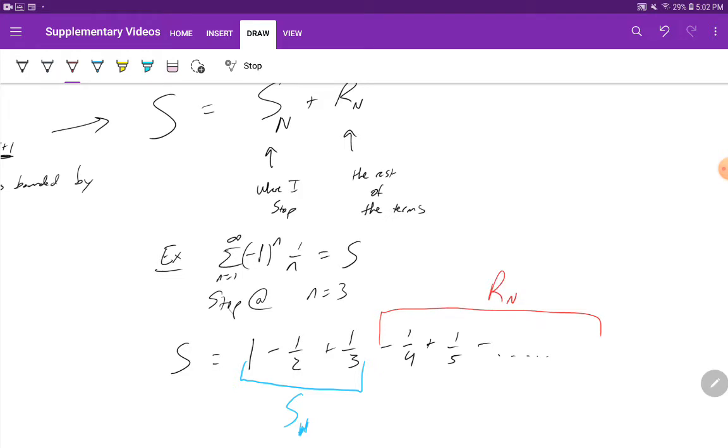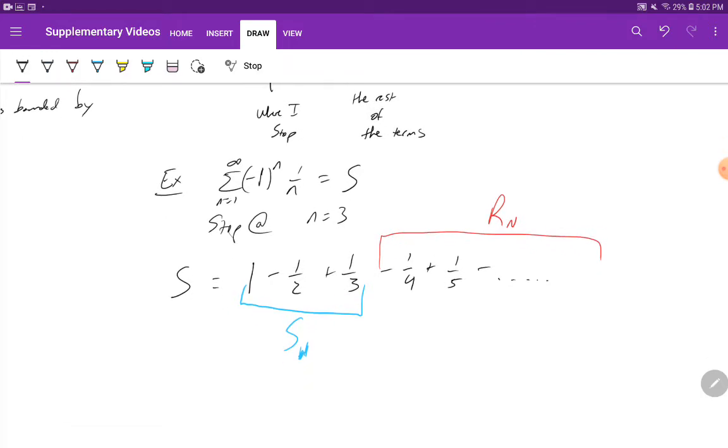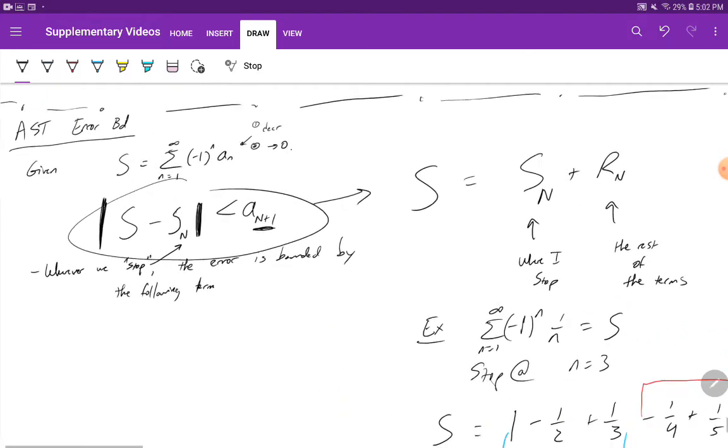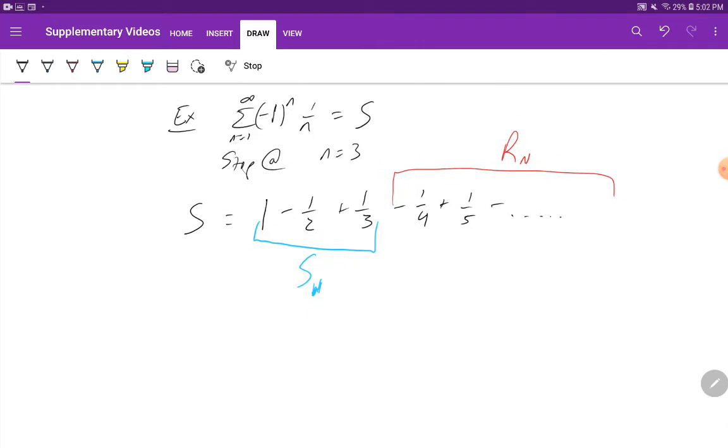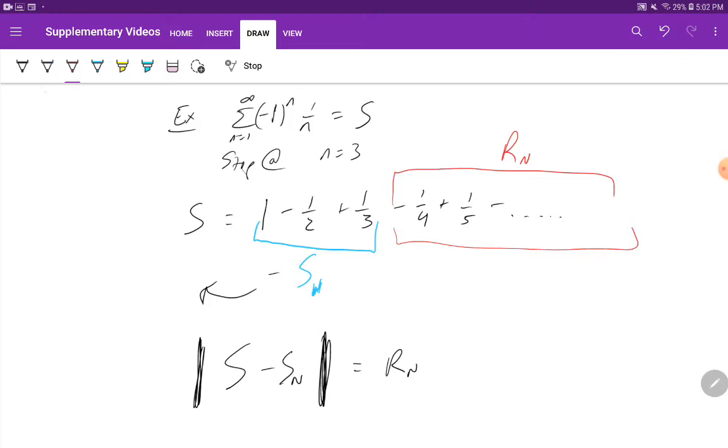So there are 2 pieces to this. The way they get this idea is that if you subtract S sub n from both sides, they're saying the most you can be off by, because it could be positive or negative since we're dealing with positive and negative terms, is this remaining piece, in red here, which is less than or equal to the following term.